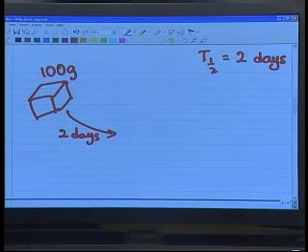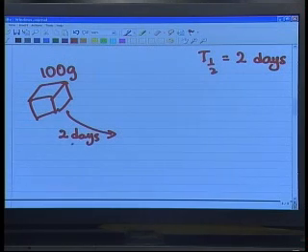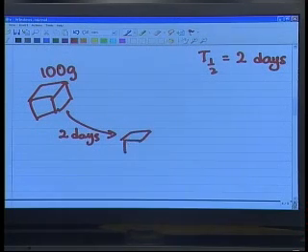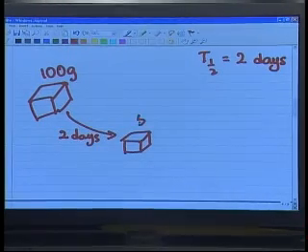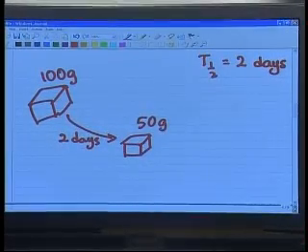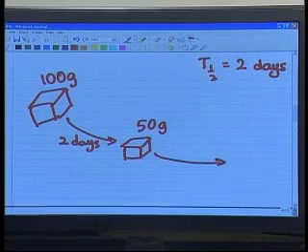According to the definition, after 2 days, which is the half-life, half of 100 grams would have decayed, disintegrated. So how much is left? So you can tell me it's 50 grams. I draw a smaller cube. 50 grams. So now another half-life has gone.